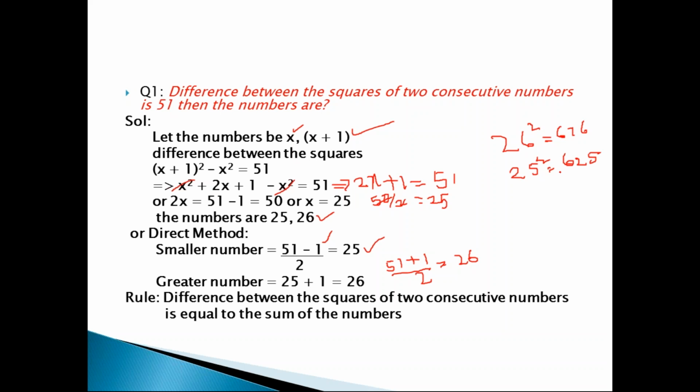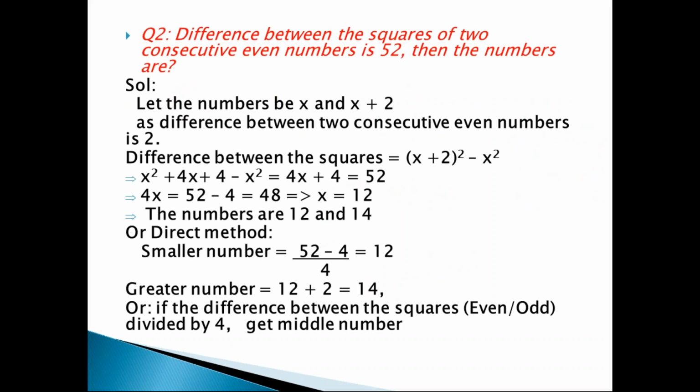Here the difference is 51. Difference between the squares is 51. Here the sum of the numbers 26 and 25 is also 51. So the difference between the squares of any two consecutive numbers is equal to the sum of the numbers. Right.